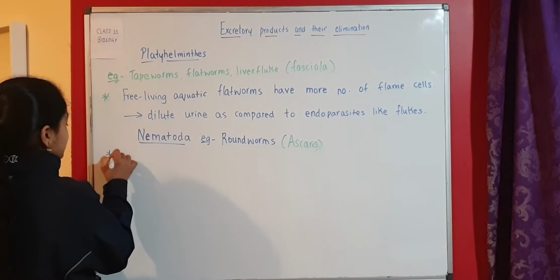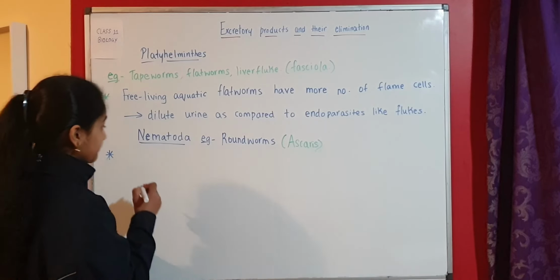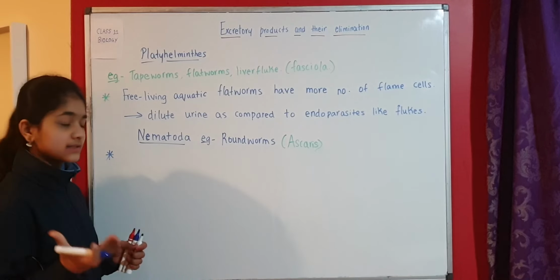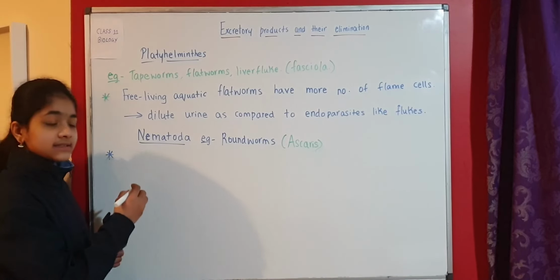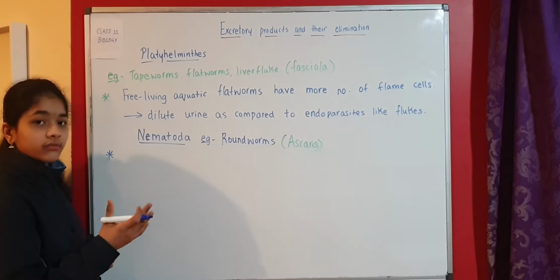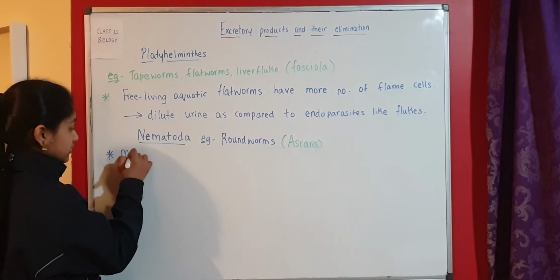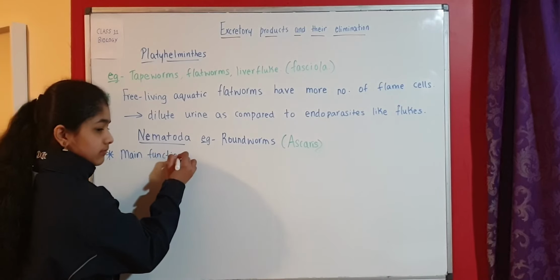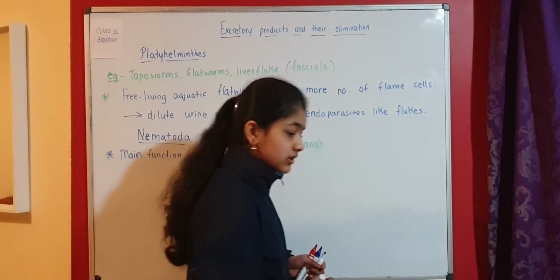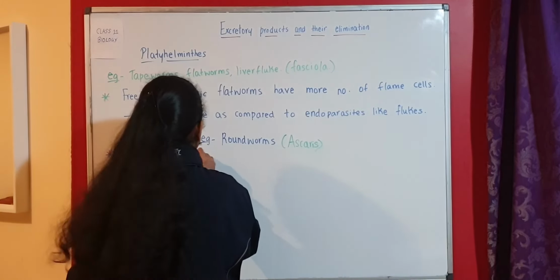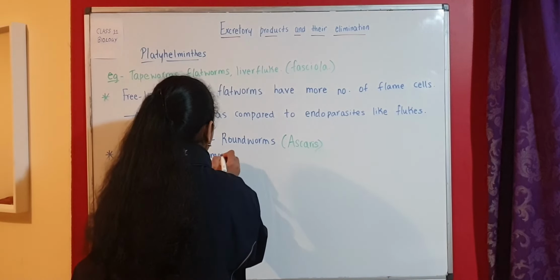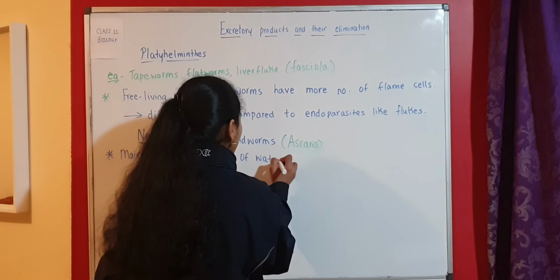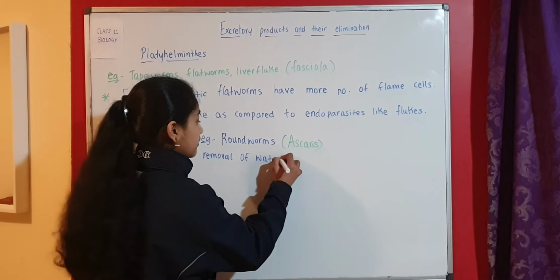Some important things about these nematodes. They have renette cells, which are H-shaped excretory structures, and the main function of these renette cells is usually removal of water. So they usually remove the water from the body.